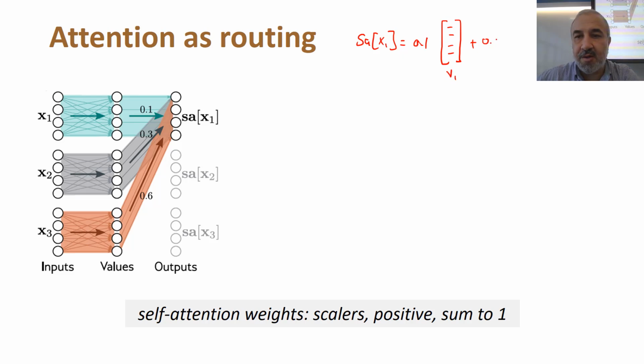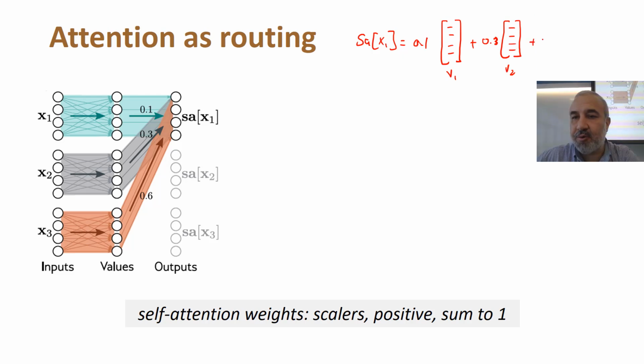Plus 0.3 times v2, 4 values here. Plus 0.6 times v3. So actually this is a vector, of course.